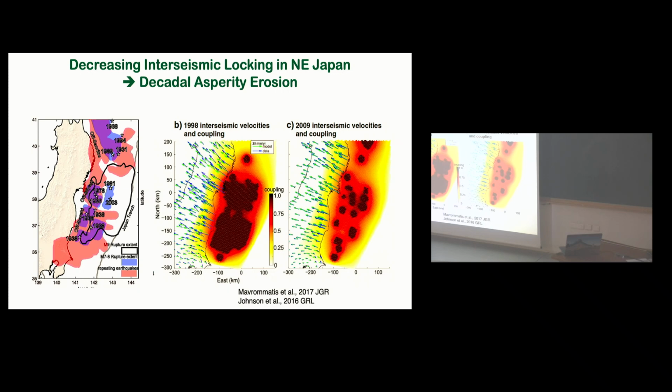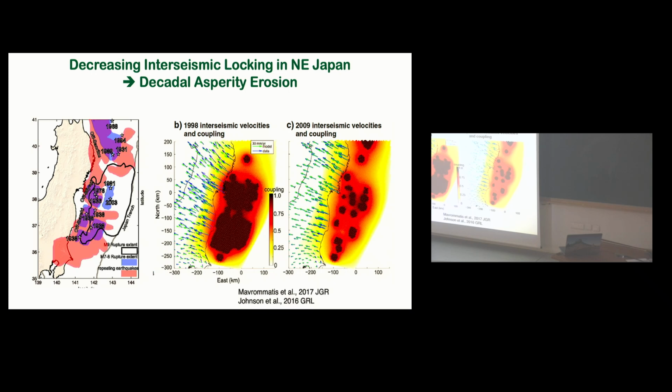So my question was, because we know that this is in the preparatory phase to Tohoku, which famously had a decades-long kind of acceleration, I've seen, I was wondering if this kind of asperity shrinking was something that we could actually see in true interseismic time, away from any kind of bigger event. That's a really quick question, right? We only see the last few decades, and the earthquake recurrence time is on the order of 500-600 years or so.